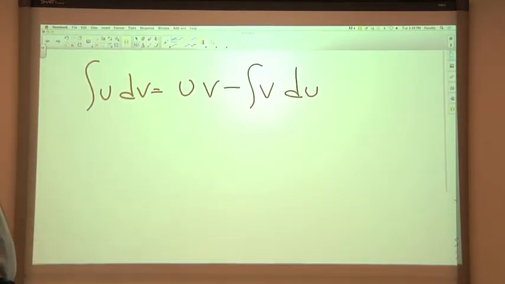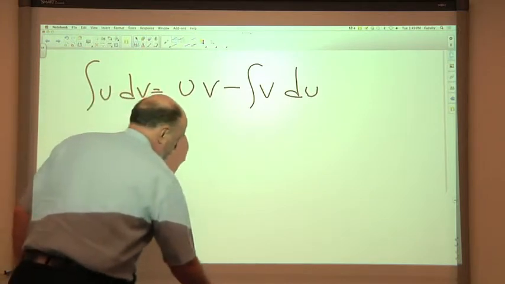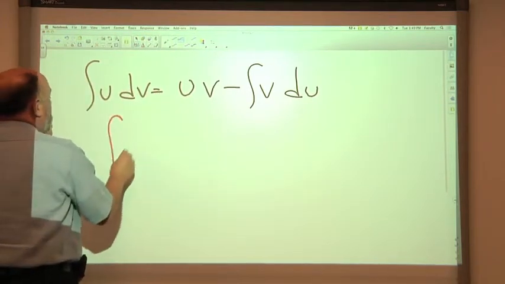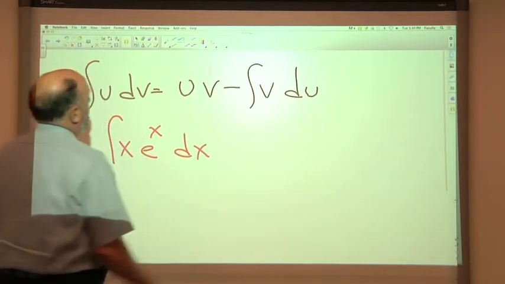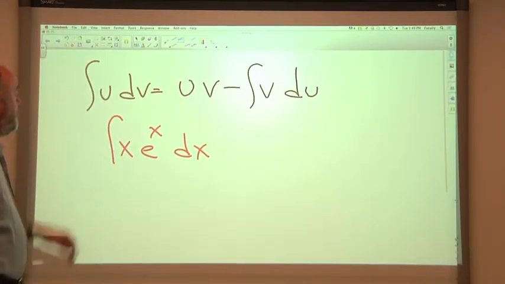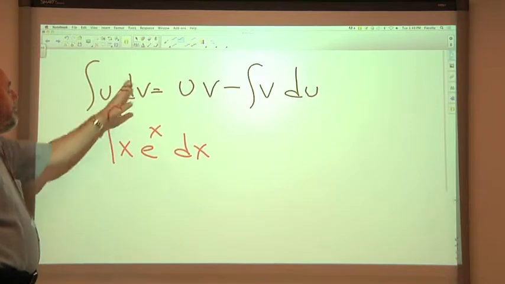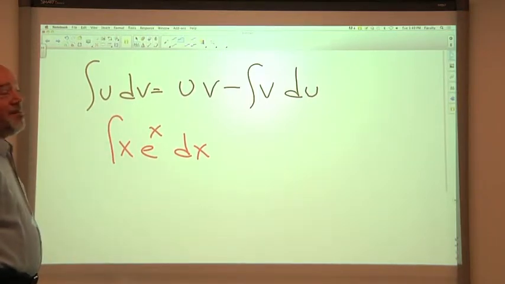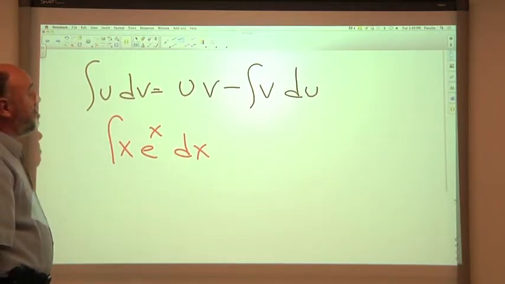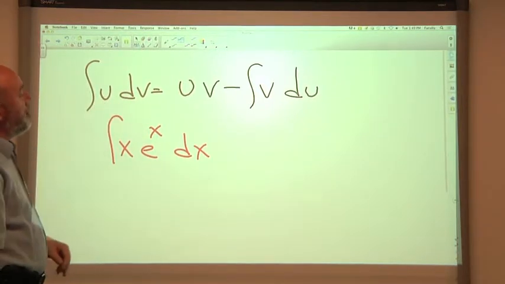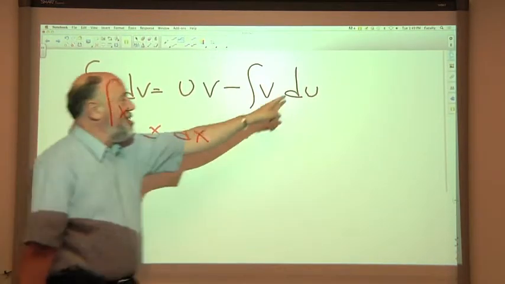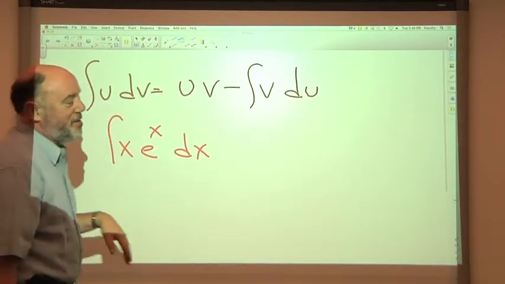So now we put up the problem we just had, which was find the integral of x e to the 2x dx. So the first thing we need to do is figure out which term is the u, which term is the dv. And generally the way this will work is we want to make the u that thing which will give us the easiest derivative.